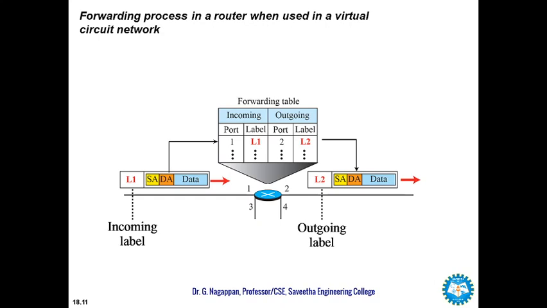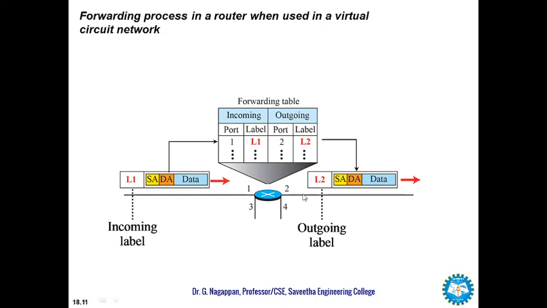So the datagram packet header is modified, and the label is changed. Based on the incoming port and label, if it comes from incoming port 1 and its incoming label is L1, then it has to be sent through port 2, and the label should be L2, because the same interface can act as a virtual path for more than one message.